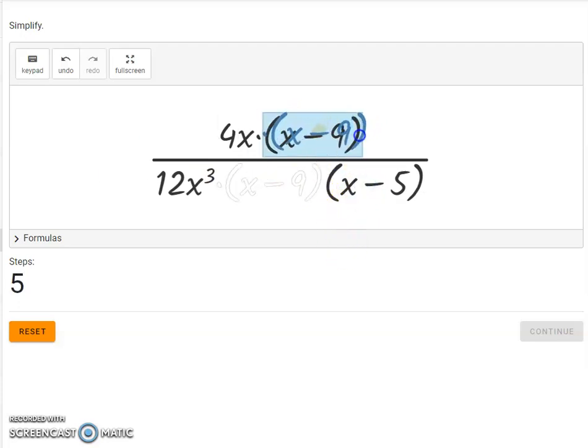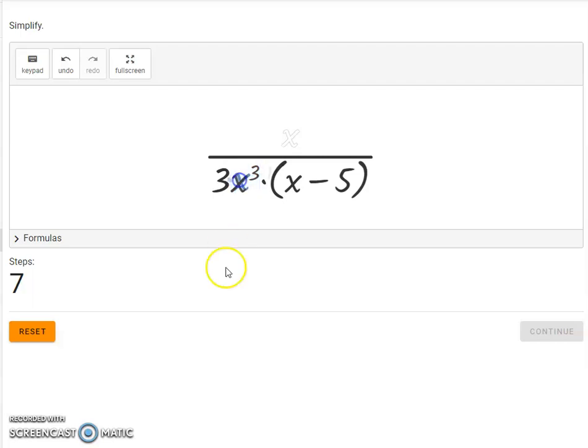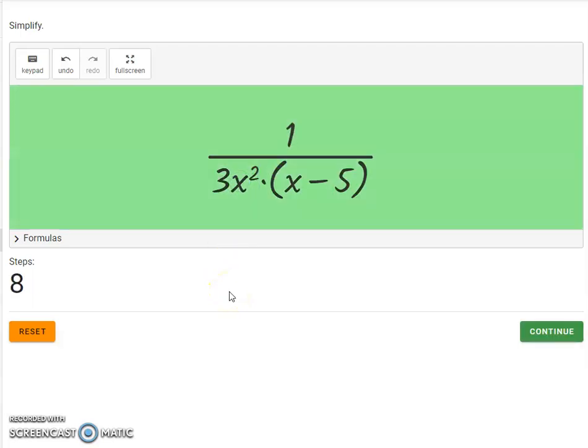So x minus 9 divided by itself is going to be the 1. 4 twelfths is going to be 1/3, and for the x over x cubed, if I put the x with the small exponent on top of the bigger one, it'll give me a positive exponent, so it's going to be an exponent 2 there. So the final answer is 1/3 x squared times the quantity x minus 5.